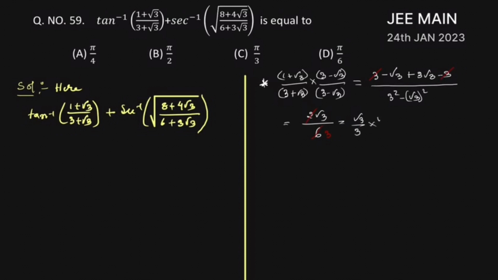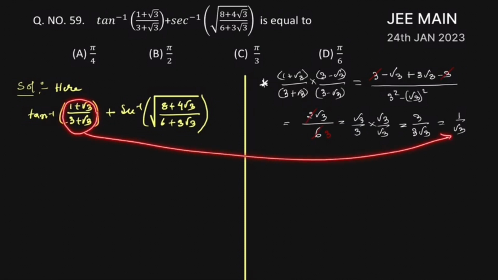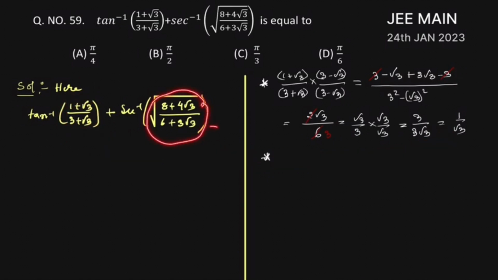If you rationalize root 3 once again, then you will get 1 by root 3. So after simplifying this, you will get 1 upon root 3. After that, we simplify this here.